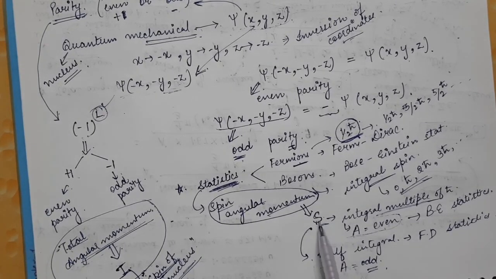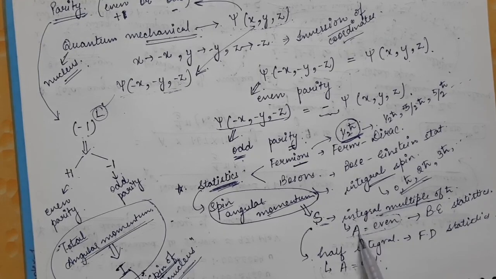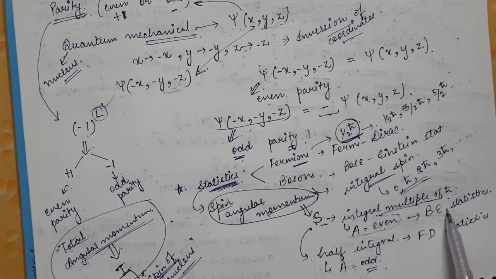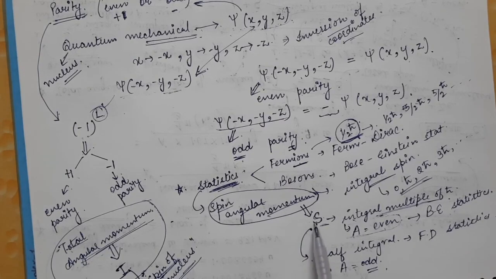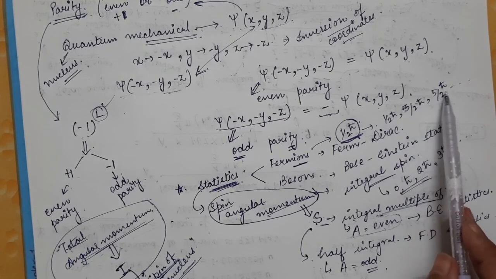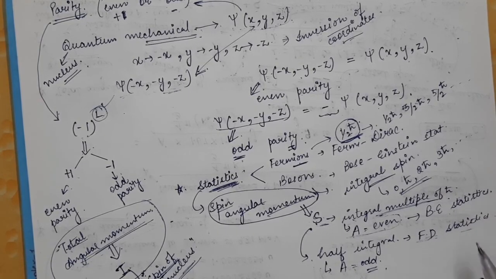So we have already covered that S will take values 0, h cut, 2h cut, 3h cut, that is integral multiples of h cut, only when capital A is even, and then the nucleus will follow Bose-Einstein statistics and behave as a boson. And if the nucleus has a half integral spin angular momentum, that is half h cut, 3 by 2 h cut, 5 by 2 h cut, and so on, then the nucleus will follow Fermi-Dirac statistics, and the nucleus will be called a fermion.